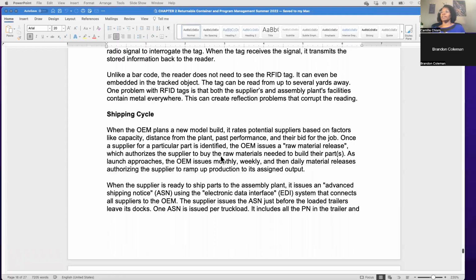And this information all ties together. So they say, okay, we're going to need 100 parts. Okay, we made 75, and we can only fit 75 on the truck. So we're sending you an advanced shipping notice that in truck number 1, 75 are coming. In truck number 2, the ASN will show that another 25 are coming. So they can really predict what's coming by truckload.